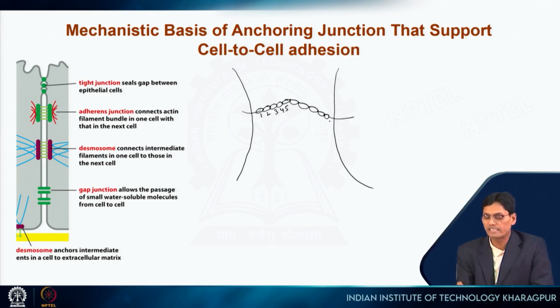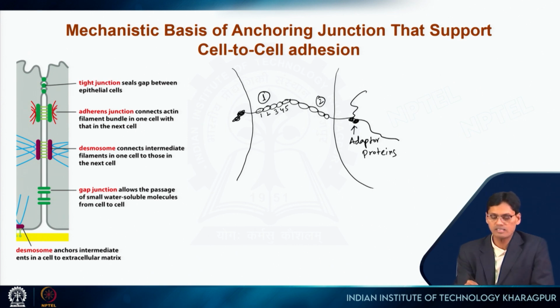And another cadherin here, for example, if I say this is cadherin 1, cadherin 2, some cadherin molecule coming from the next cell, but it should be the same kind of cadherin molecule involved, right, in this interaction. So, here classical cadherin. So, when they are interacting through their extracellular domain, at the cytoplasmic site through some adapter proteins, for example, these are the adapter proteins, they will be finally attached to the actin cytoskeleton.